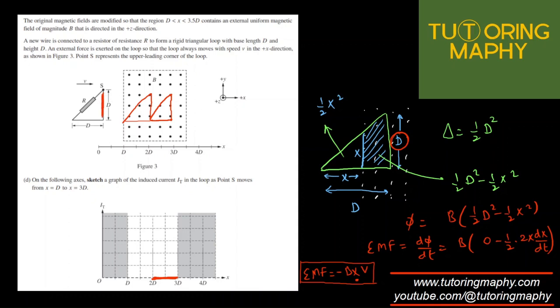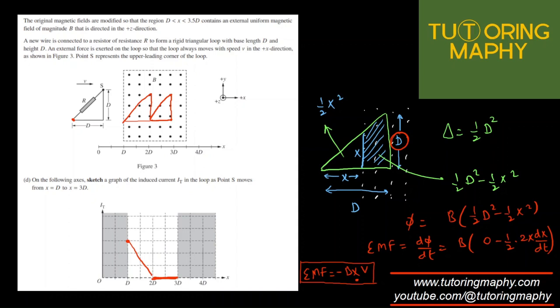So it starts from the maximum value D, and then eventually this vertical length becomes 0 as it penetrates into the page. So x becomes 0 when the loop completely penetrates into it, so it goes linearly down.